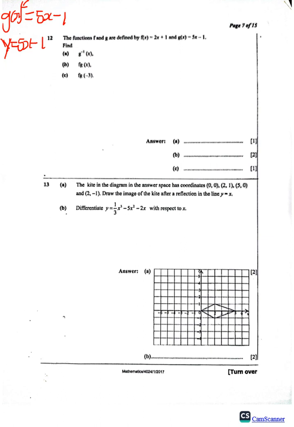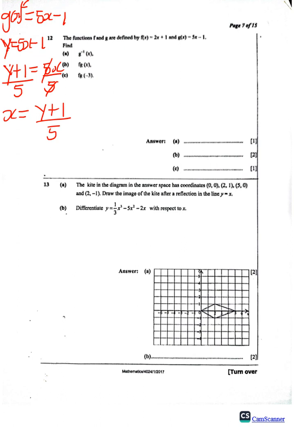Then our work is to make x the subject of formula, so we are going to shift our negative 1 to the left side, giving us y plus 1 is equal to 5x. From there we can divide by 5 on both sides. So if we cancel, x is equal to y plus 1 over 5.